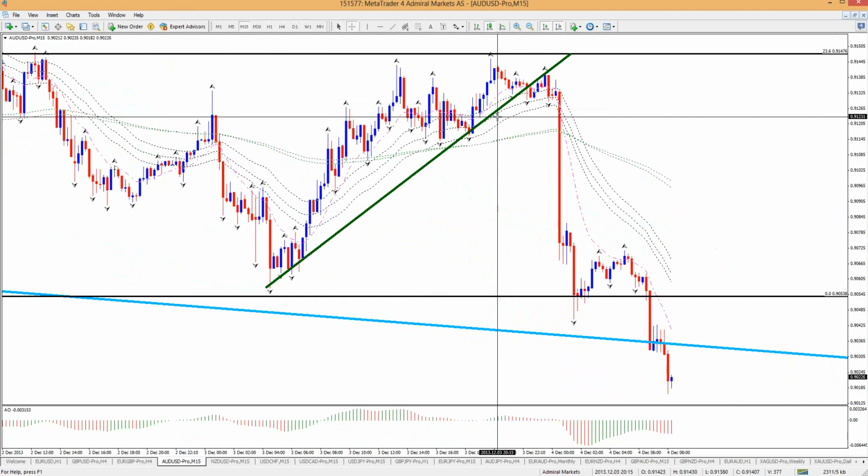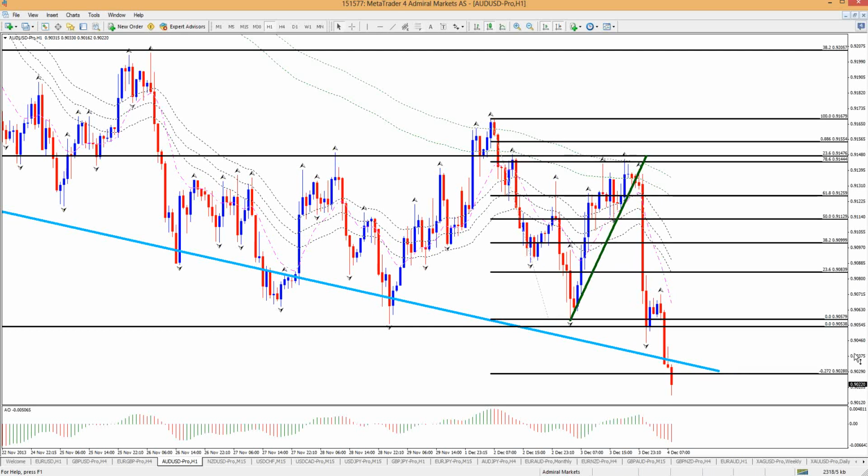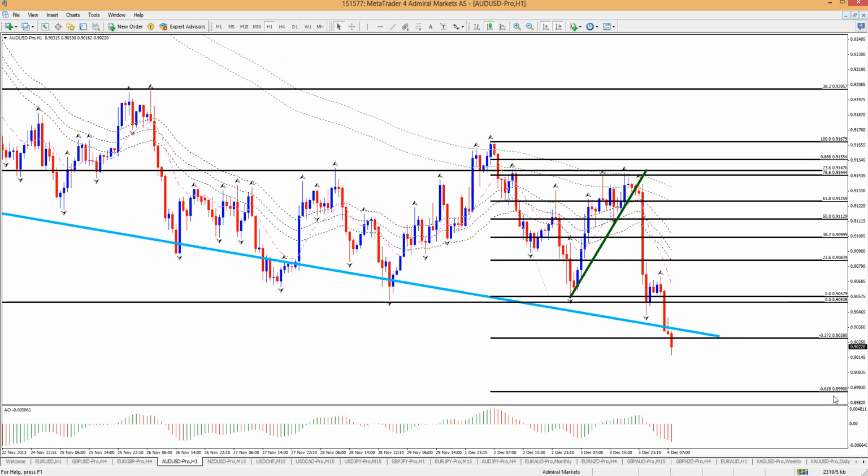Let's see, the TPs. I see space until 89.50, but let me double check with this fib. Yeah, there's minus 618 at 89.90 potential.